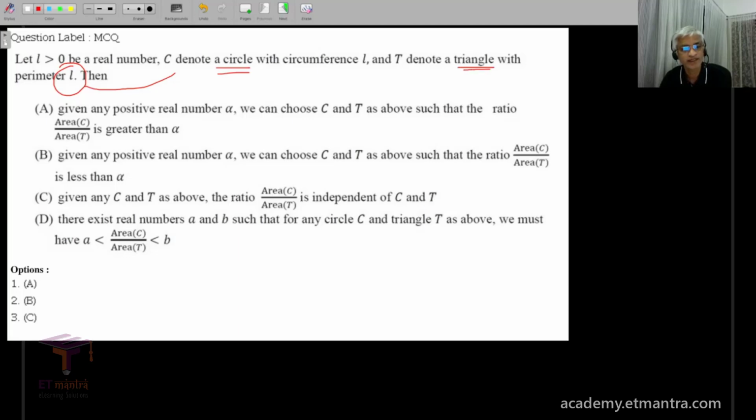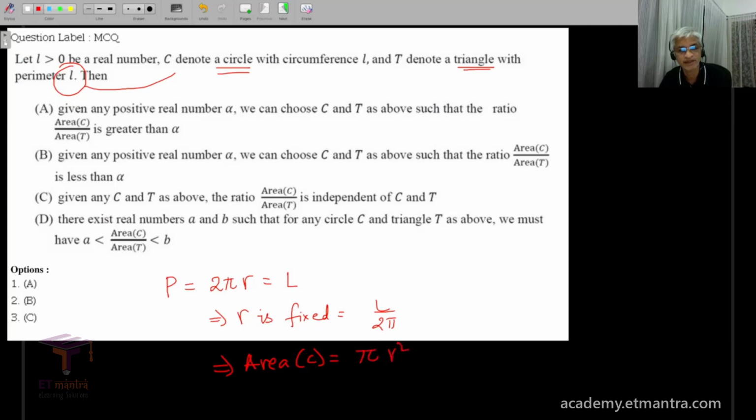Now one quickly realizes that if the perimeter, which is equal to 2 pi r, is fixed, then this implies that the radius is fixed, which is equal to L upon 2 pi, and this implies that the area of the circle, which is equal to pi r square, is fixed.